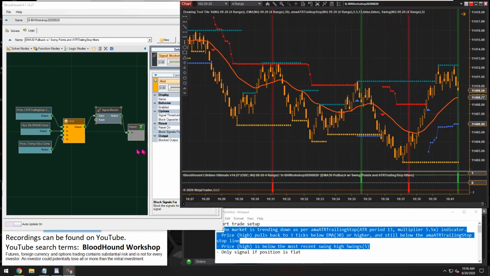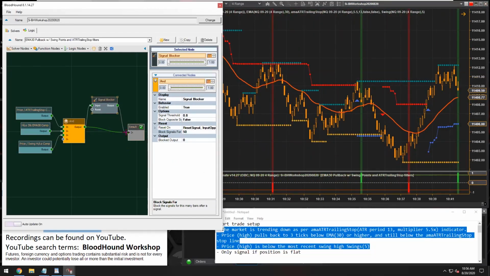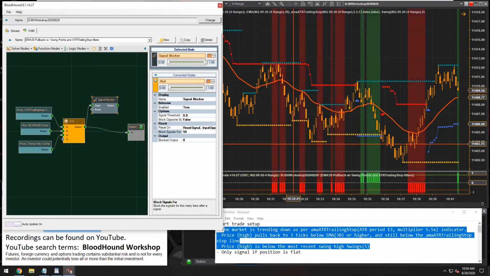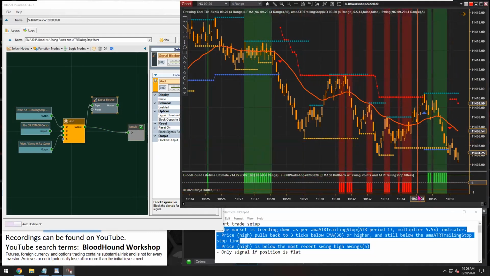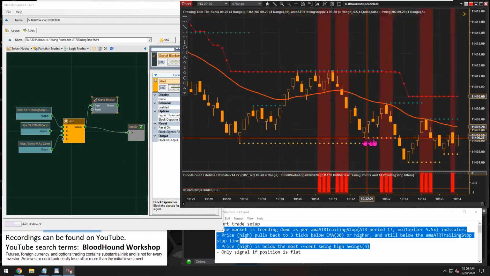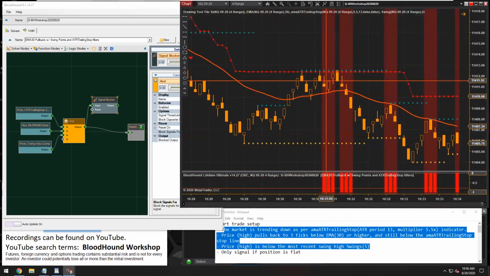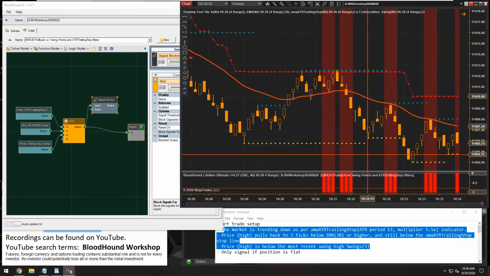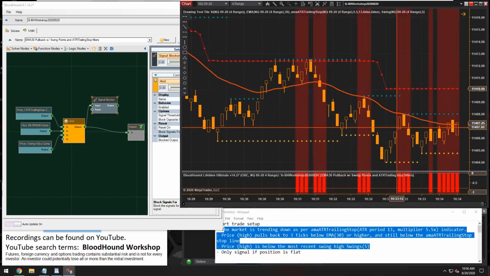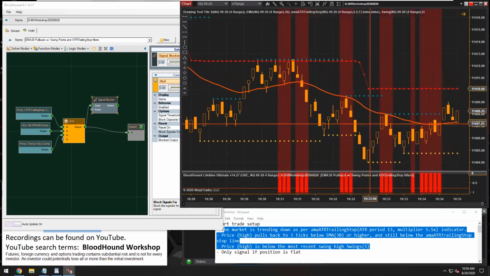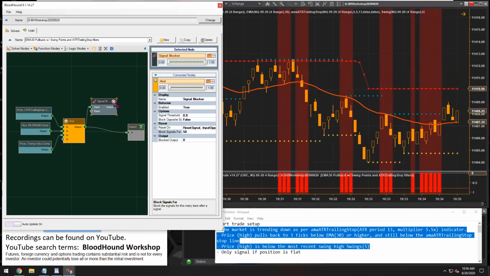Oh, but then also, if we look at the raw signals here, you'll notice that there are some gaps in between every once in a while. So maybe you want these gaps, where there's no signal, to basically reset the signal blocker.